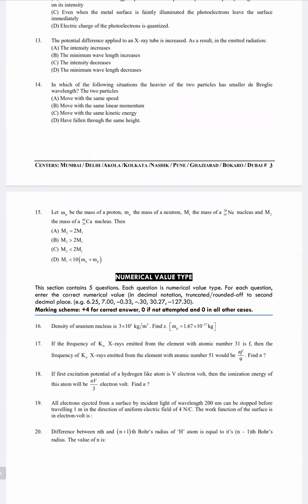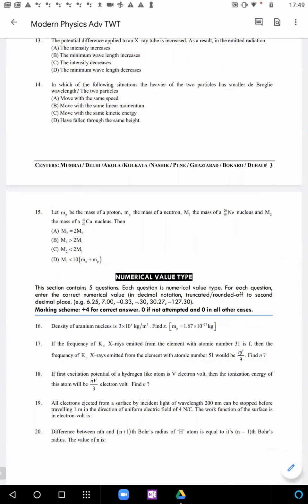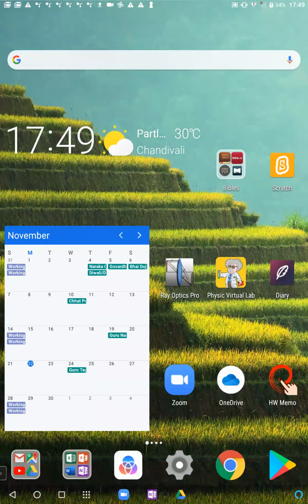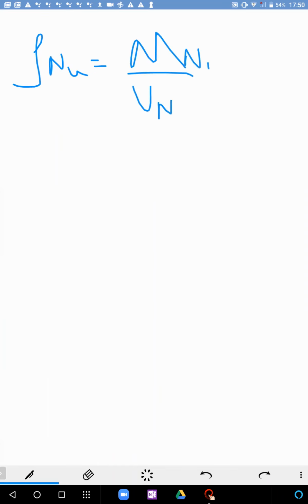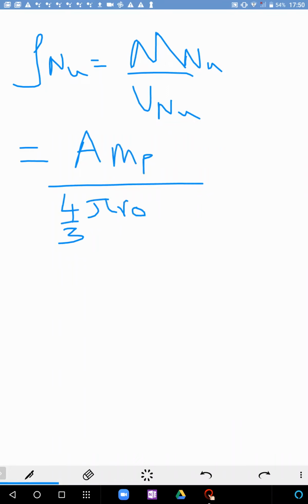Density of a uranium nucleus. ठीक है. तो density of a uranium nucleus is going to be, of course, mass of the nucleus divided by volume of the nucleus, and mass of the nucleus is going to be, okay, we don't know the mass number, so let's call it A, mass number times the mass of a proton approximately divided by volume 4/3 pi r naught cube into A raised to 1/3 ka cube.